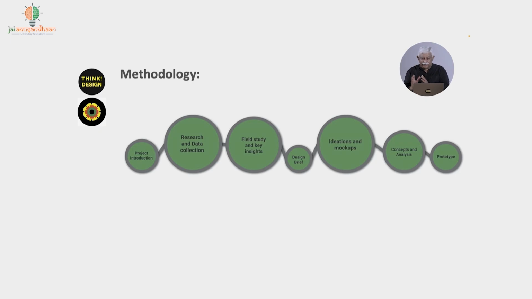Then comes the ideation phase, and along with ideation mock-ups are done, and that gives rise to concepts and you need to analyze this concept and finally do the final prototype. So, if you can look at it, that is the design process followed in this particular project.